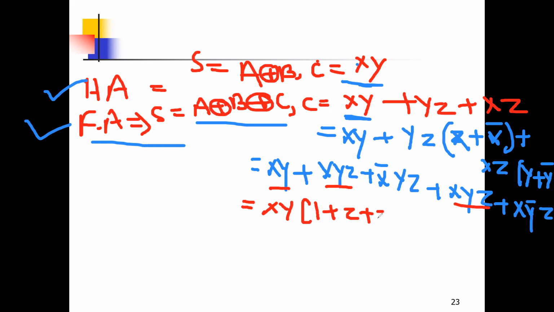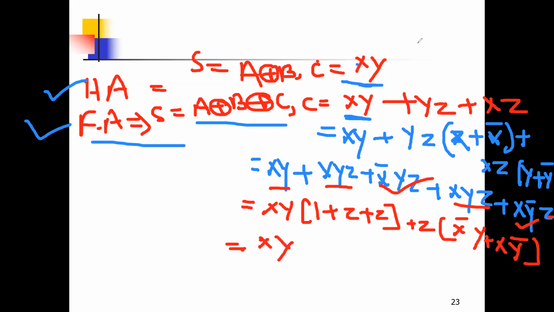Got it? Okay. Now I am taking the other two terms. What can I take common? Z. So I will get Z times (X bar Y plus XY bar). So this is XOR.